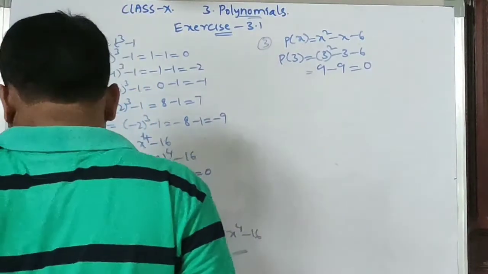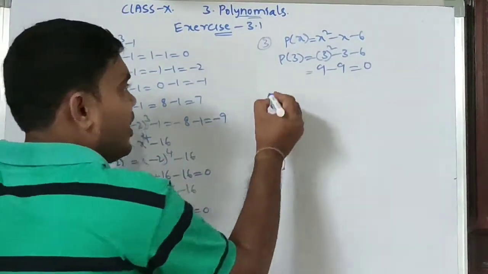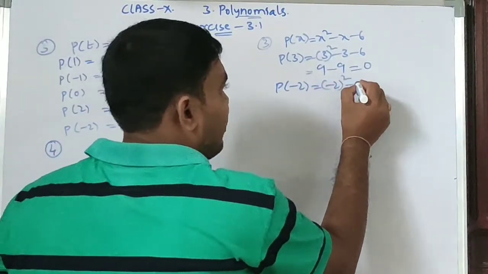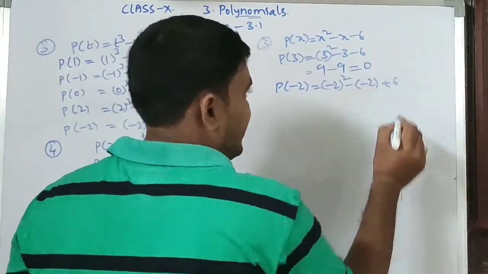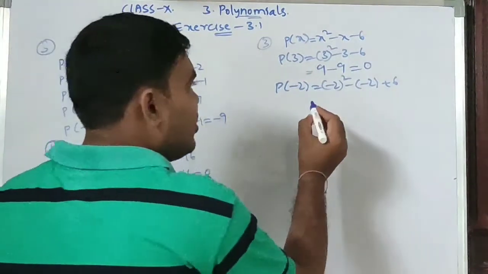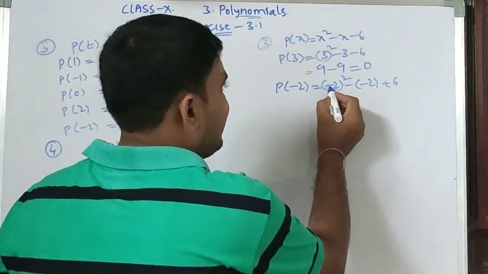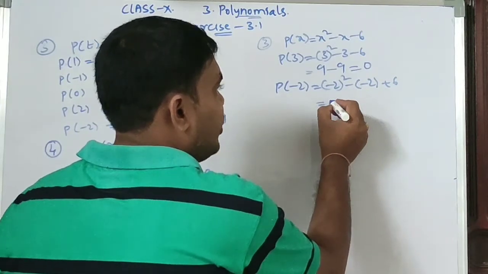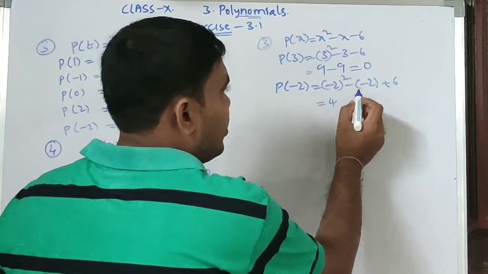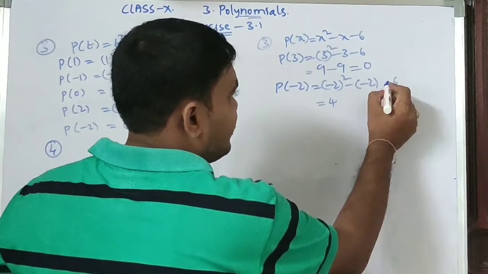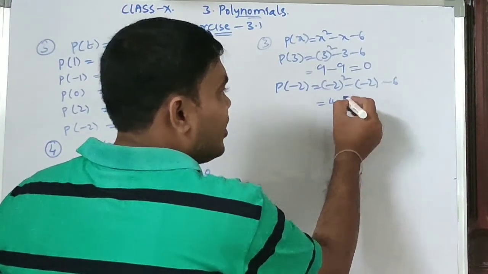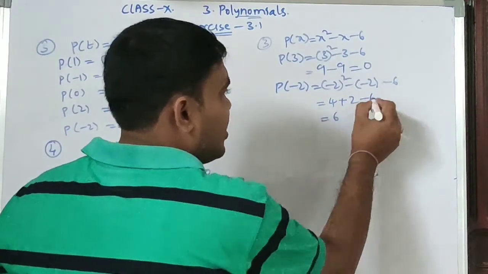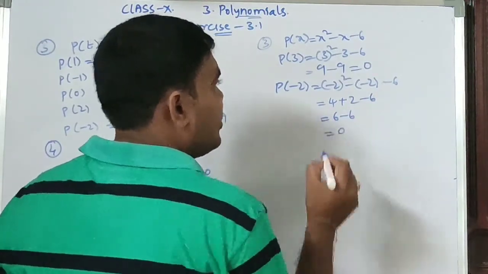Next, checking for minus 2, p of minus 2: minus 2 whole square minus of minus 2 minus 6. Minus square, minus into minus plus, 2 square, 2 into 2, 4. Actually this is minus 6. Minus into minus plus 2 minus 6. 4 plus 2 is 6, minus 6. 6 minus 6, 0.